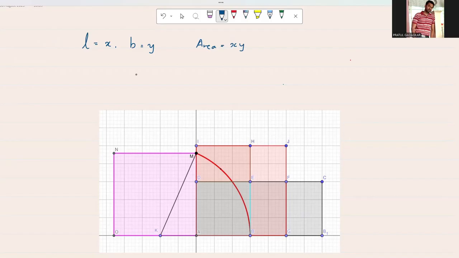What we want to construct is a square, and it should be a square such that its area should also be equal to xy. In short, we are going to construct a square from a given rectangle such that both the rectangle and the square have same areas. So for that, we will take an example.